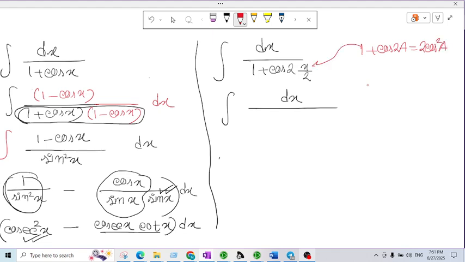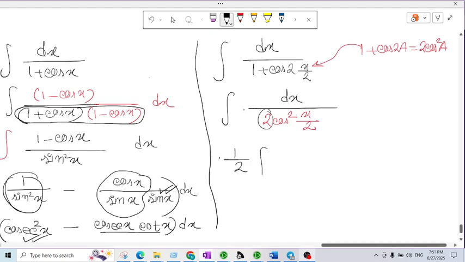So we have to apply this formula here, and we will get 2 cos square x by 2. Okay, let's write this 2 outside, and then we can write 1 by cos square x by 2 is equal to sec square x by 2 dx.